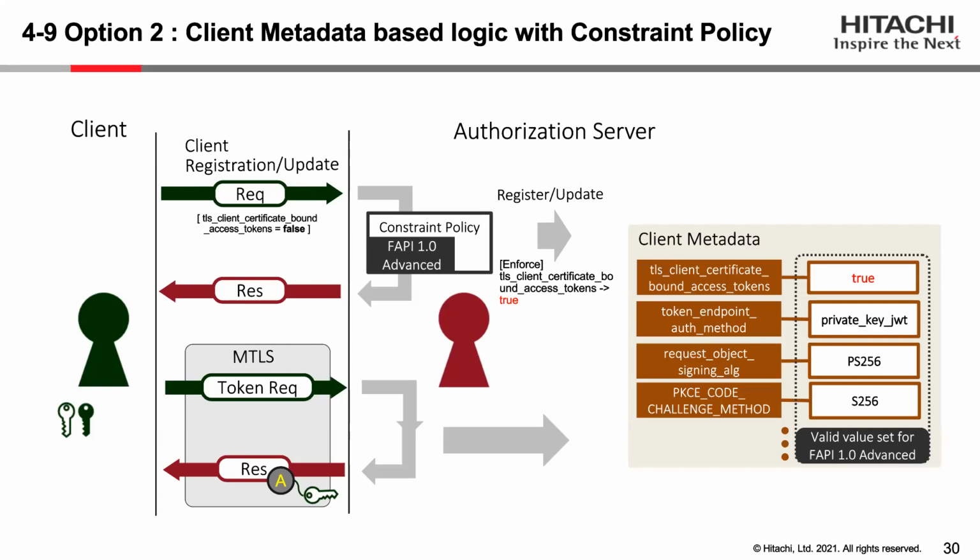The next, option 2, using constraint policy. This option 2 takes advantage over option 1 because the authorization server enforces valid client metadata values that meet the security profiles. In option 1, the client or auth server may set invalid client metadata values that do not meet the security profile.